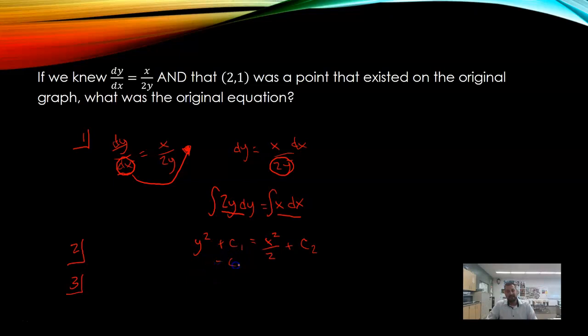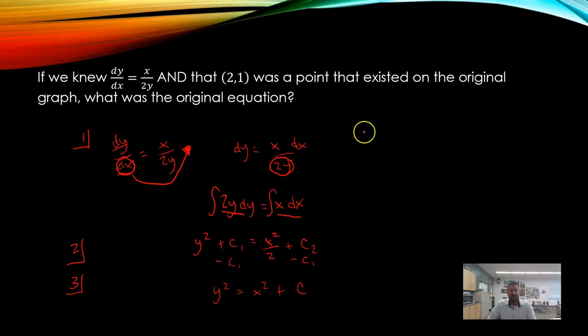Technically, I could subtract this constant from this constant, and they're different numbers, but a constant number minus a constant number still gives us a constant number. So when we're doing these problems, you just take the antiderivative, and although there are technically 2 different constant numbers, we only worry about one of them because really there's just one constant number if we were to combine like terms. So that is step number 3.